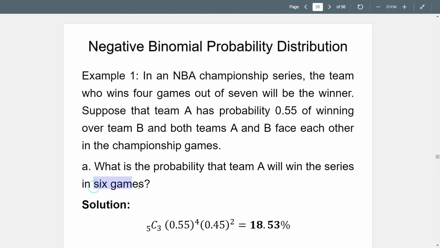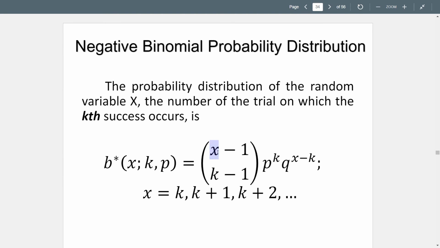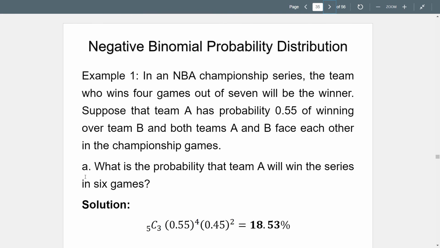So 6 games, so let's go back to the formula. X will be your number of trials, and k will be the number of successes. So x is 6, so x minus 1 is 5.